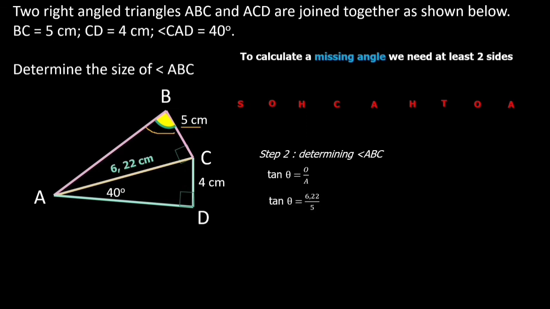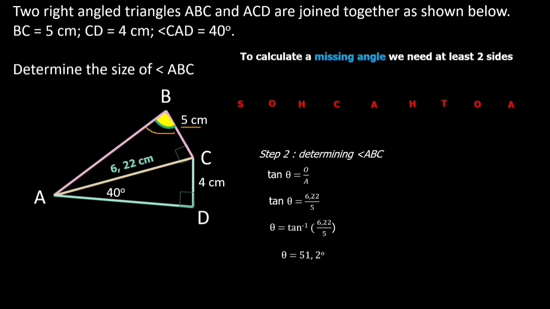So we use tan inverse of 6.22 over 5, or the arctan, and we get an angle of 51.2 degrees. So the important thing here was to note that we've got a common side in that example.